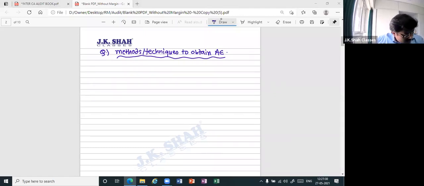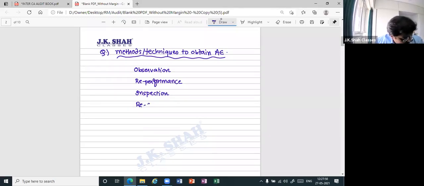Okay. Firstly, observation. Thereafter, reperformance. Thereafter, inspection. Thereafter, recalculation. Thereafter, analytical procedures.